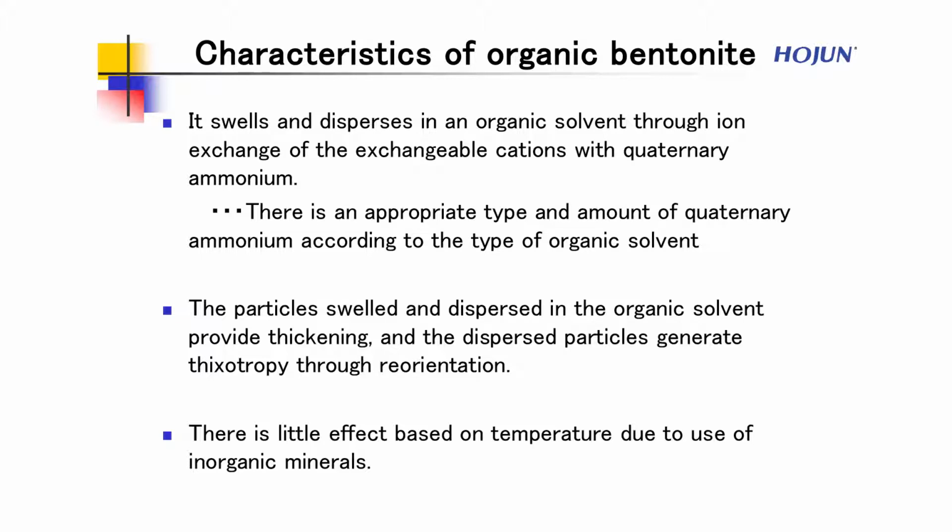There is an appropriate type and amount of quaternary ammonium according to the type of organic solvent. The particles that swelled and dispersed in the organic solvent provide thickening, and the dispersed particles generate thixotropy through reorientation. There is little effect based on temperature due to the use of inorganic minerals.